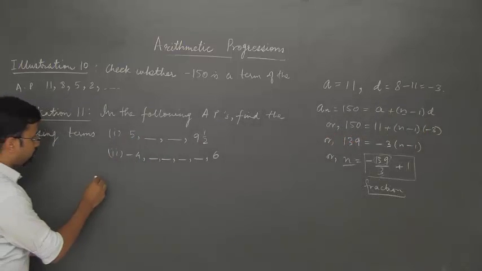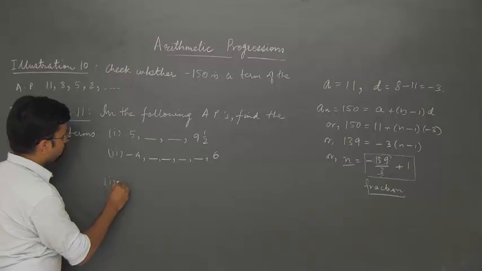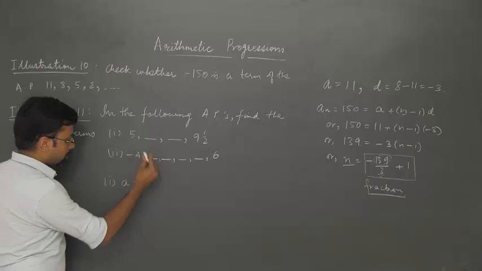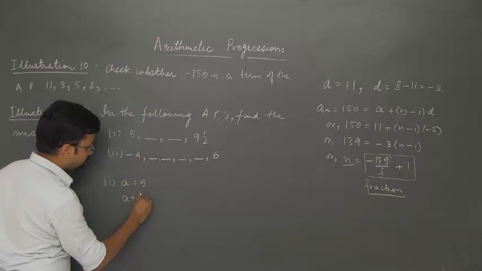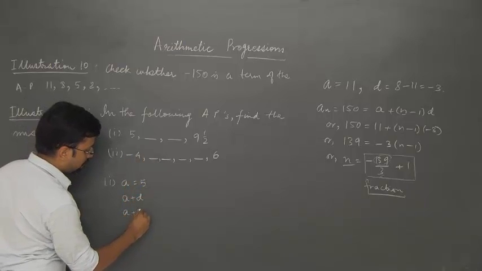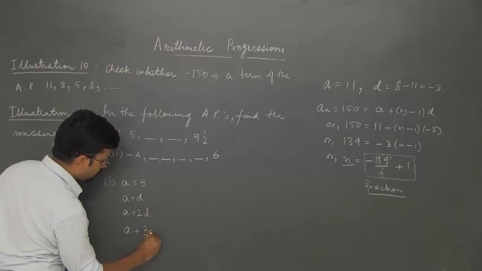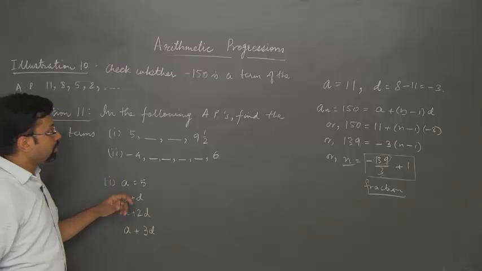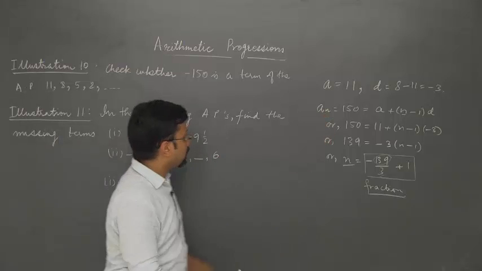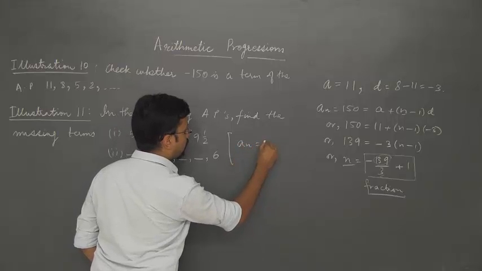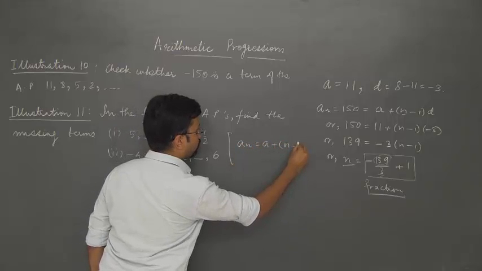If you take the first question, the first term is 5, right? The second term would be a plus d. The third term would be a plus 2d, and the fourth term would be a plus 3d. If you recall, this is how we get it, because we know that an equals a plus (n minus 1) into d.